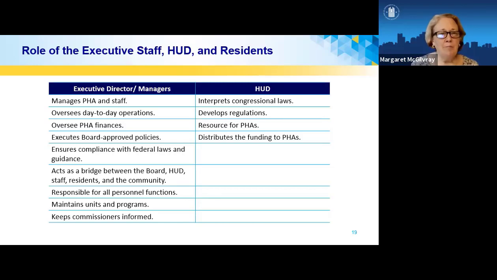They wear that monitoring and compliance hat, but they also are a source of information. They're a source of education for the housing authority and such. And then, of course, they distribute your funds for you. So we just wanted to clarify a little bit of that role for the executive staff and HUD.